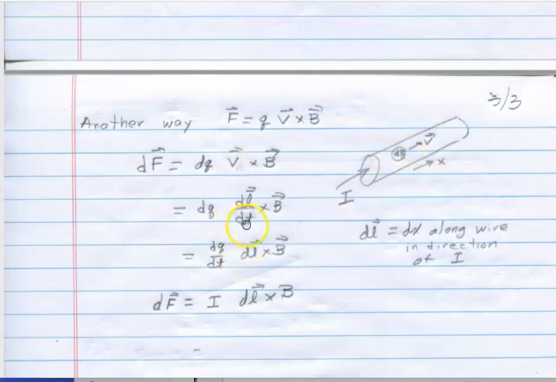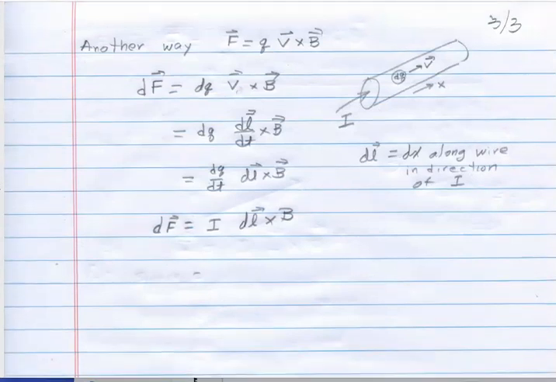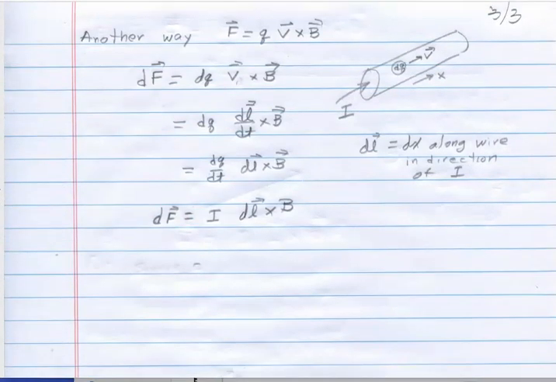And I can move this dt underneath dq, and that just becomes the I. And again, I get dF is equal to I dL vector cross B for the force on an infinitesimal segment of the wire that's carrying a current I in an external field.